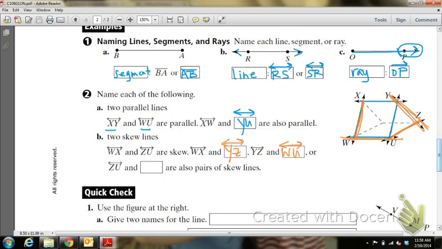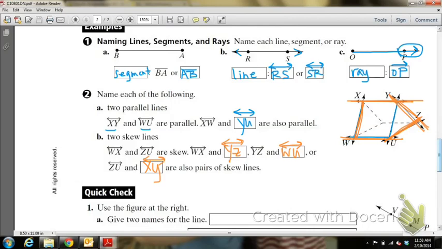Or I could say that ZU is skew to, who haven't we named yet? Well, I would say ZU and WX, but we already, oh, I see it. ZU and XY. That's the other one. Okay, so they're just asking you to name two. We just gave you all the options.